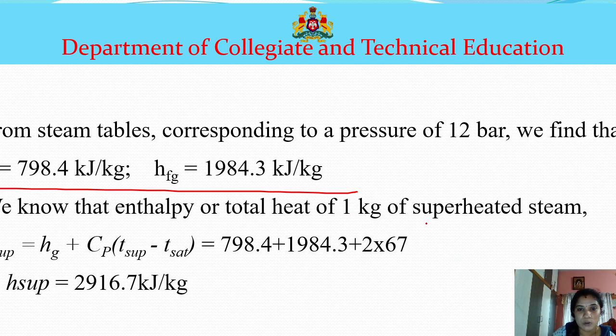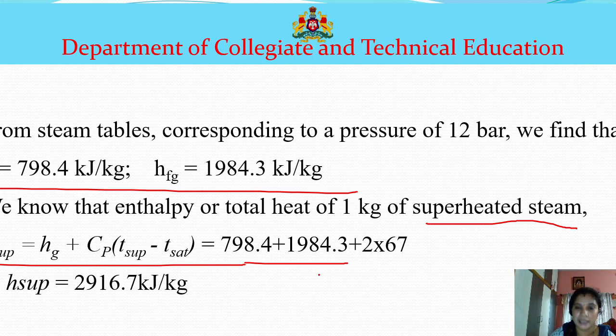Therefore, for superheated steam, the formula we have is H superheated equals Hg plus Cp into T superheated minus T saturated. From the steam table, either you can write HF plus HFG or directly take the value of Hg in this place.